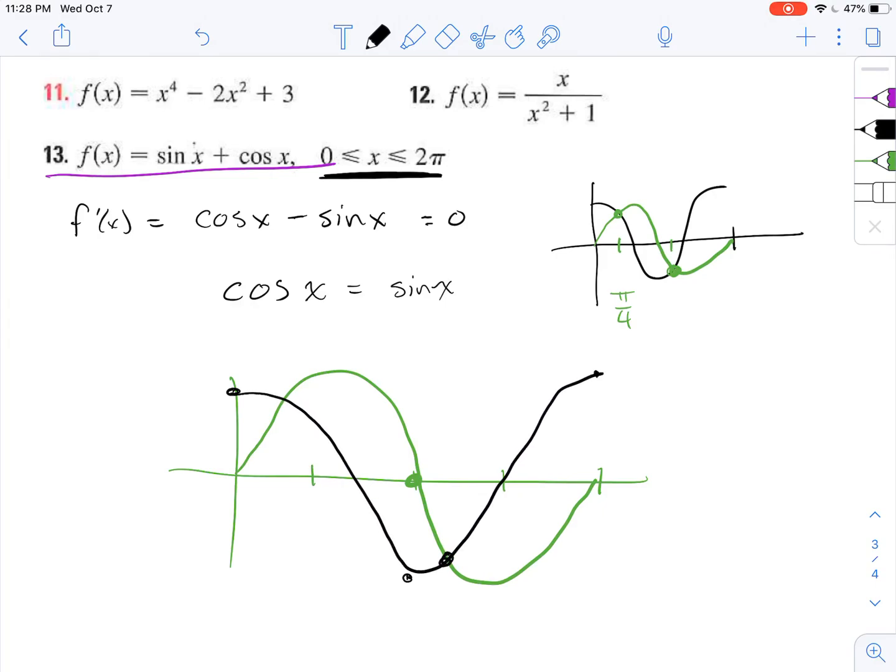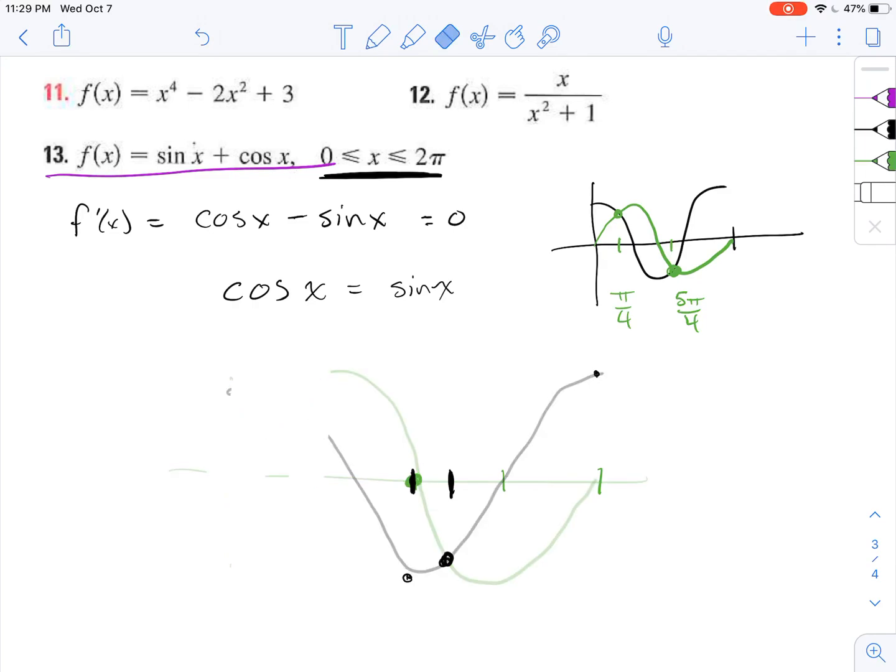Yeah, so that's going to be right here. That's at, because this is pi, this is 5 pi over 4. You could also do that with Desmos and see where they cross pretty easily there.